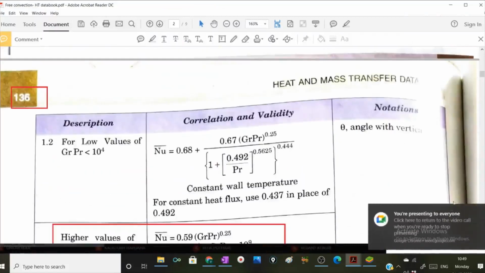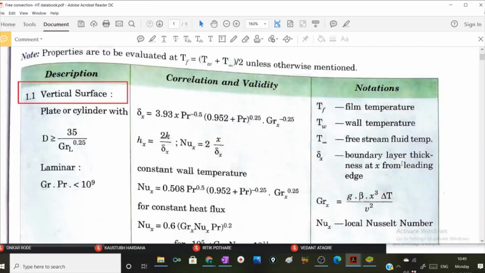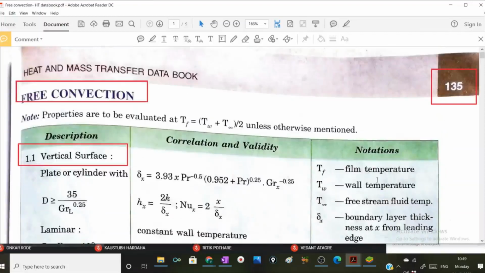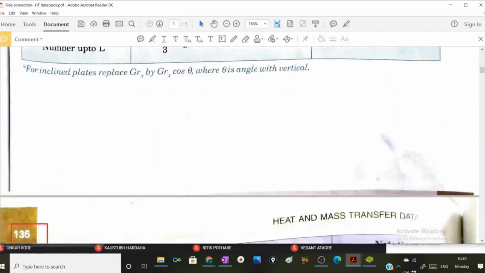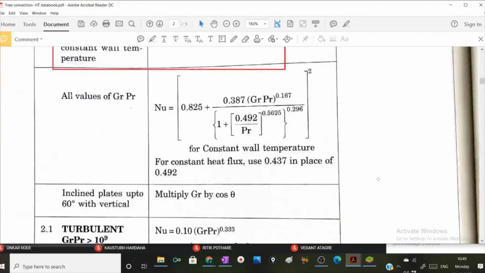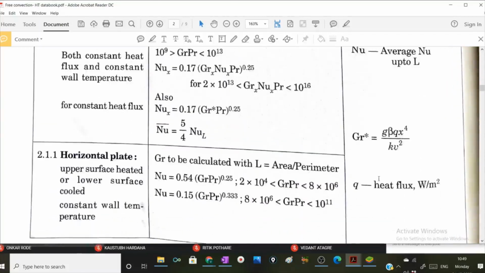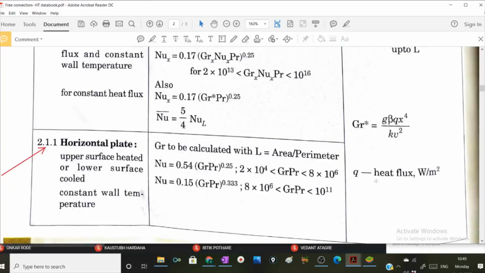So on page number 135, the correlations are given for vertical surfaces. In case 2, we have to refer it for horizontal surfaces. So as you can see here, 2.1.1 is for horizontal surface. Let me check.